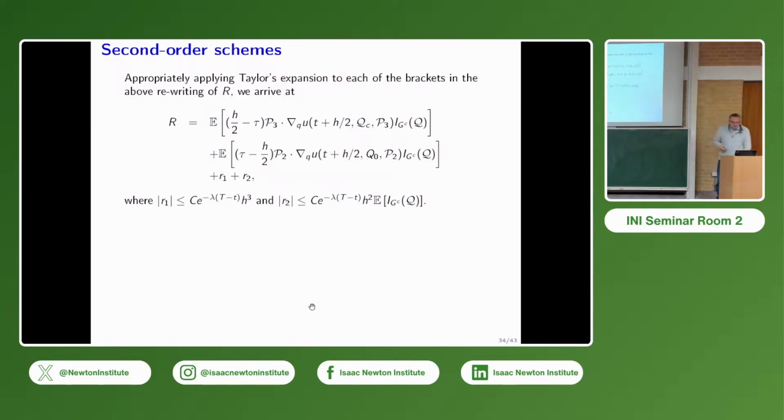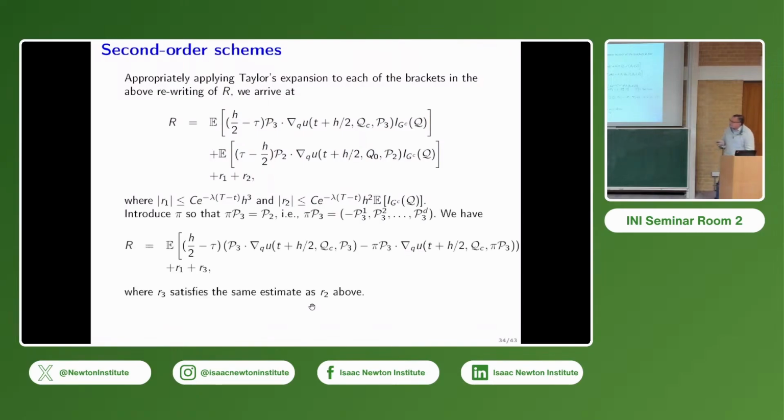So what we do next is modify this a bit for the analysis, because between P2 and P3 there is a one-to-one correspondence. We can get rid of that, and I can move Q0 to QC because they're close enough. And next, for the illustration, I will do the following. I will first look at the term tau multiplied by this bracket, and I will only consider the first component, P31 multiplied by the derivative of u with respect to the first component.